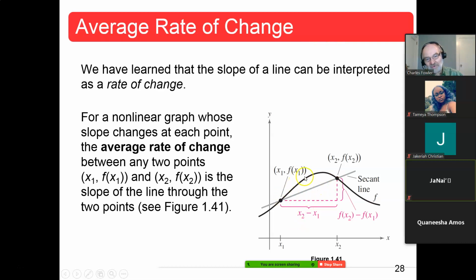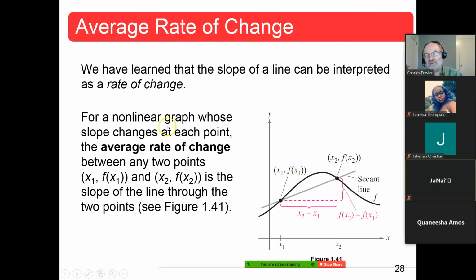Even though here you are going faster, here you're basically constant, and here you're going negative to get back down to this point. For a nonlinear graph, that's what the curve is, the slope changes at every point. Right here the slope is somewhere in this direction, up here the slope is somewhere in that direction, up here the slope is flat, here the slope is going downhill, okay? So it's changing at every point.